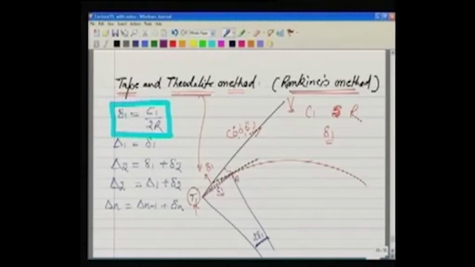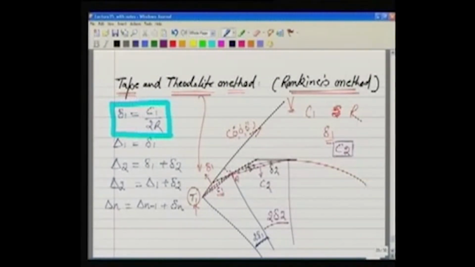From there, if for the next chord we have decided that our normal chord is, let's say, C2, we can easily compute. For C2, and the angle over here is 2 delta 2, the angle made by the tangents, and this length is C2.